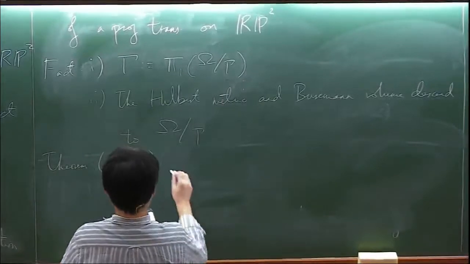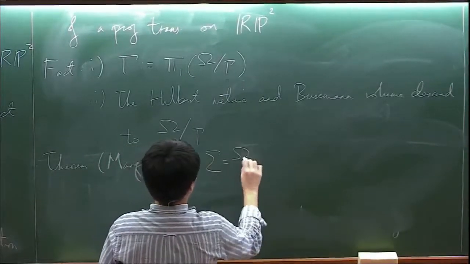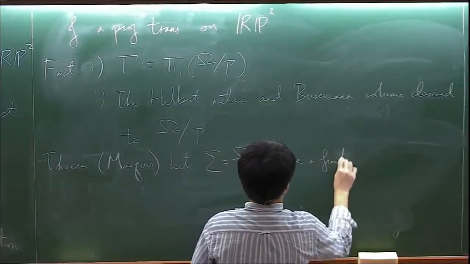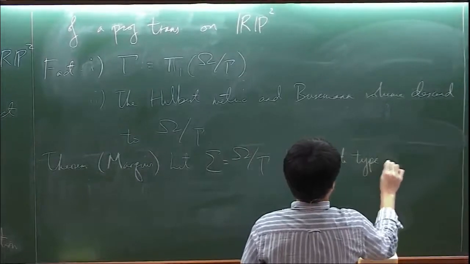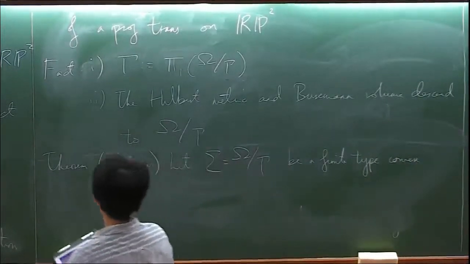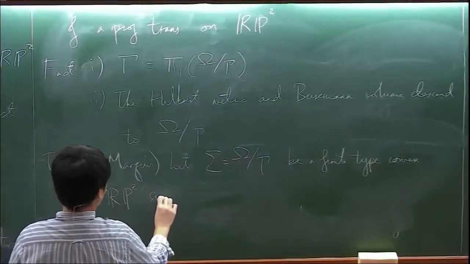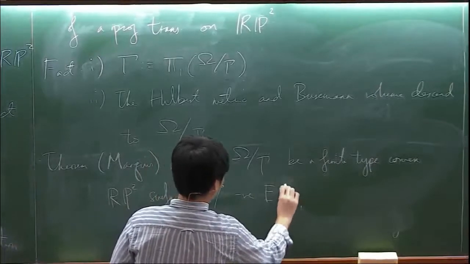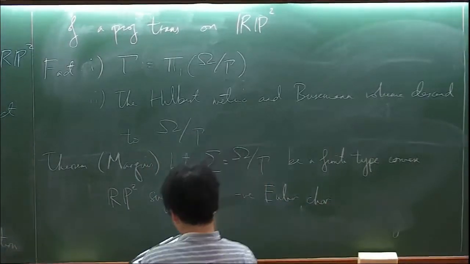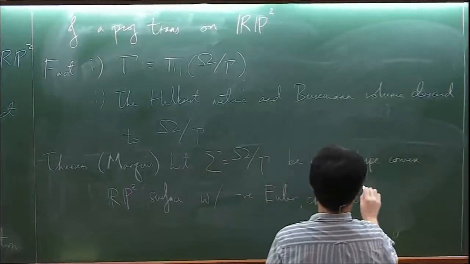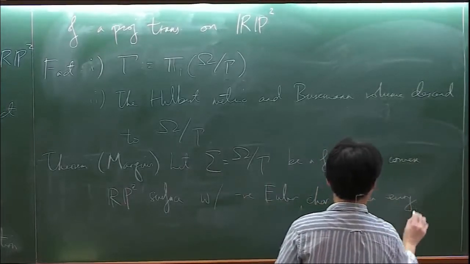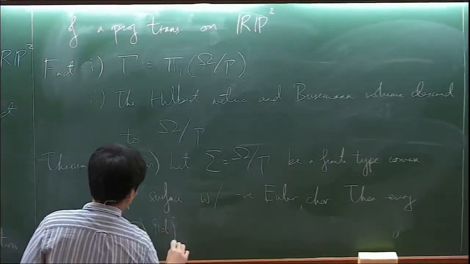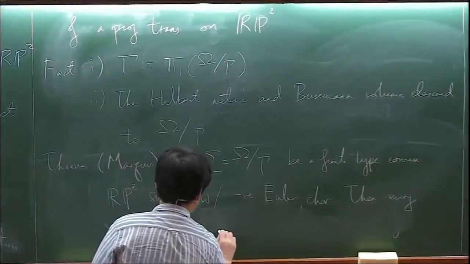Okay, so it says the following: let sigma equals omega quotient by gamma be a finite type convex RP2 surface with negative Euler characteristic. Then every non-identity element in gamma is conjugate to one of the following.